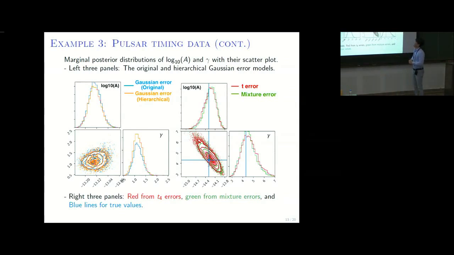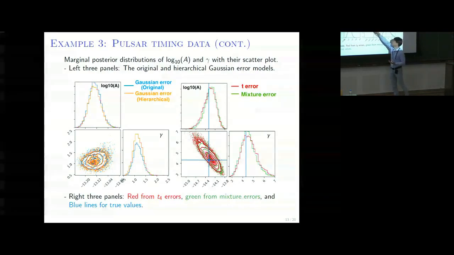When we use T error or the mixture error model, the results are quite different. In this case, the distribution of each parameter contains the true generative value near the mode of each marginal distribution.